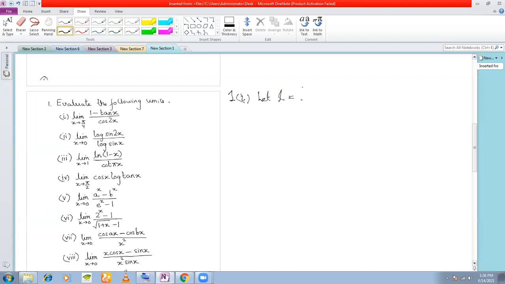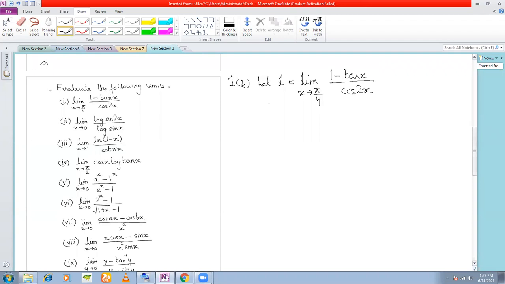Suppose we take L is equal to limit x tends to pi by 4, (1 minus tan x) divided by cos 2x. Now see, if you put x is equal to pi by 4, then what will happen? You will get 1 minus tan pi by 4 divided by cos twice pi by 4.